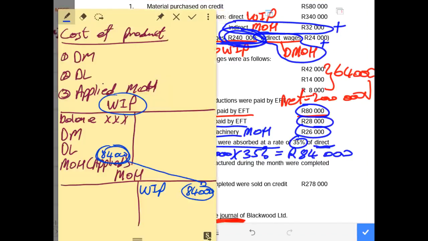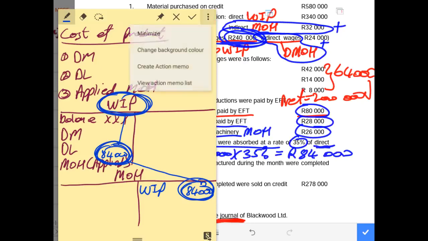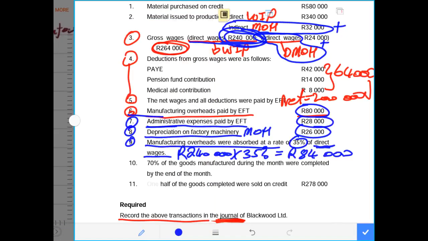So now that means what will be debited, we debit our work in process, and we can see the work in process is debited by 84,000 rands, which is applied manufacturing overheads. However, manufacturing overheads are credited by 84,000 rands, and the contra entry will be work in process. So now this is how you record the applied manufacturing overheads.